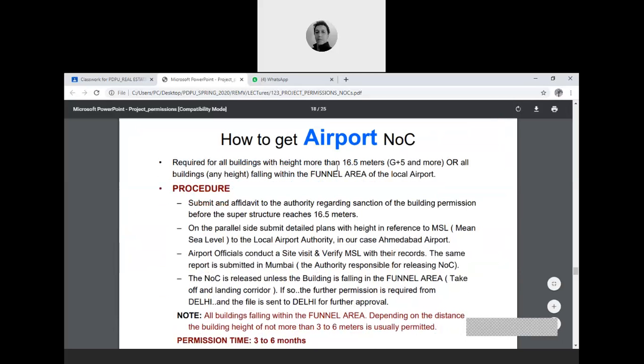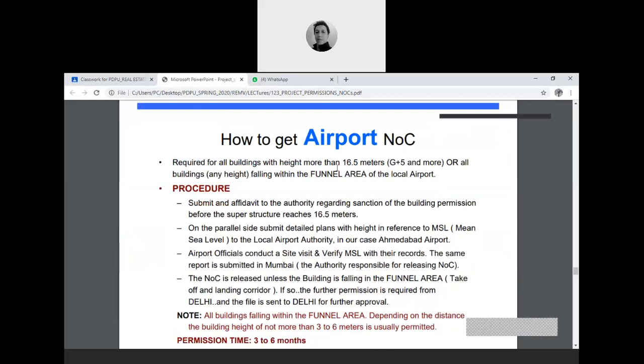I think they upgraded that 16.5 meters to 18 meters now, which is 6 stories. Any building above 6 stories is called a high-rise building as per the National Building Code, and every such building is required to get a NOC from the airport.